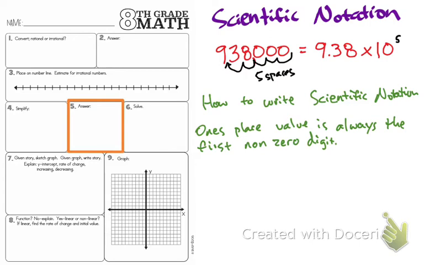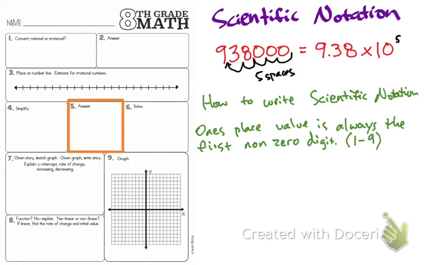Now, it's also really important that you remember that that first digit is always going to be a number 1 through 9. It will never be 0, and it will never be 10 or 11 or 12, because it can only be the ones place value. So it's always going to be that first number that shows up 1 through 9.